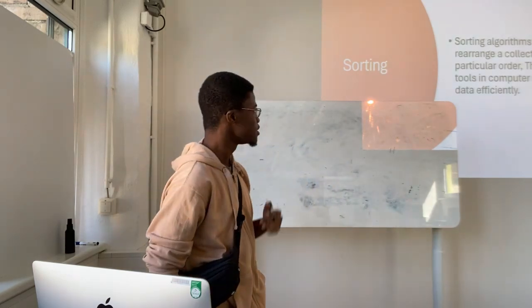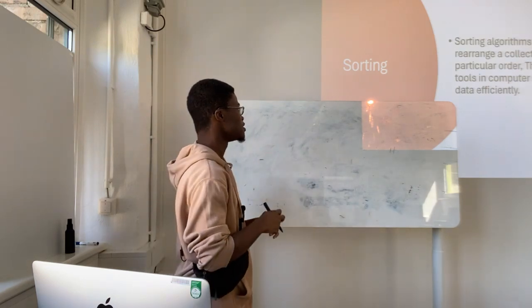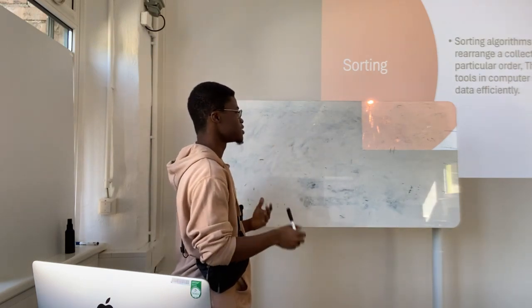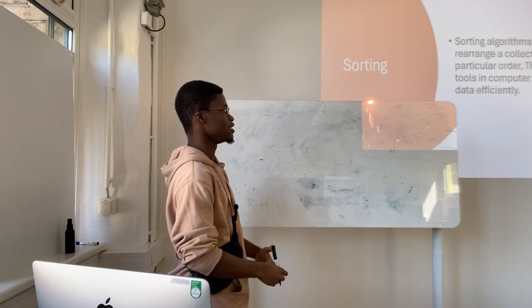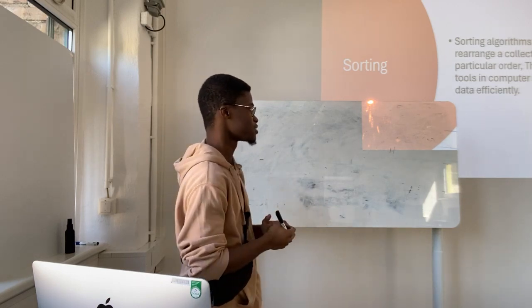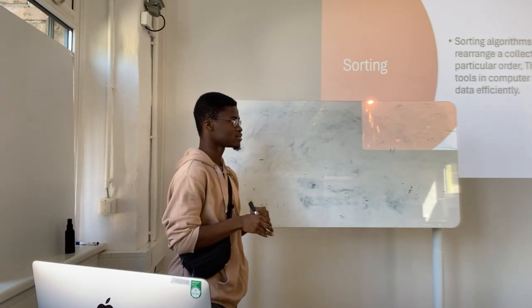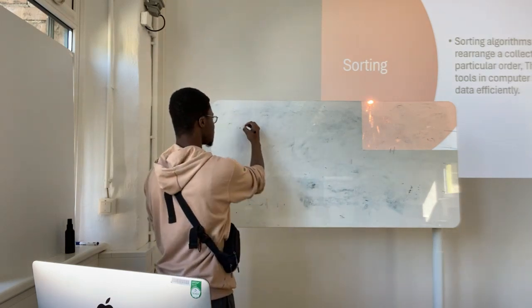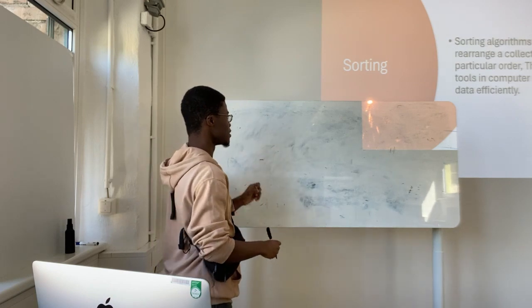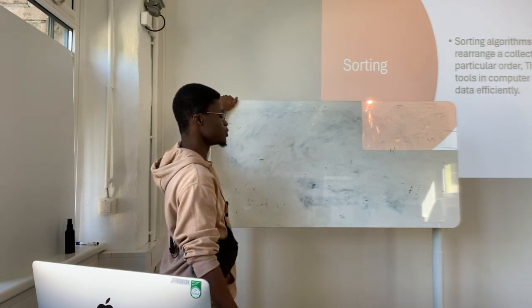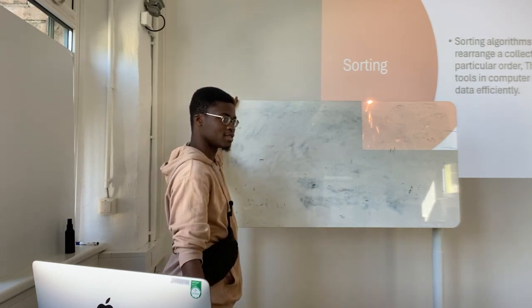So what's the first thing that comes to mind when I mention sorting? Filtering. I wouldn't necessarily call it filtering, because what filtering would do is exclude some parts of the data, right?